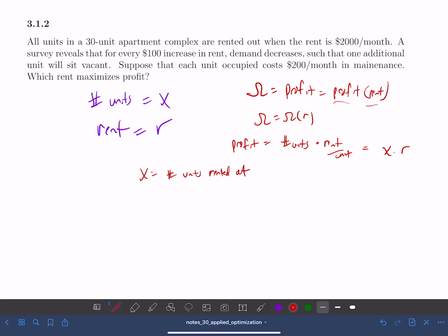I know that, and that's a function of the rent. I know that X is a function of the rent because I see that all units are rented out when the rent is $2,000 a month, and that when I increase rent, one additional unit will sit vacant.